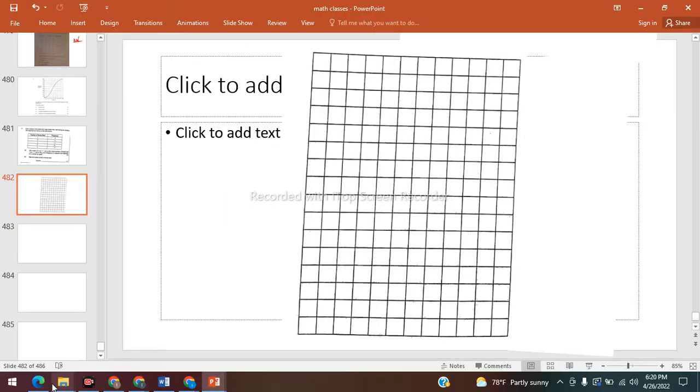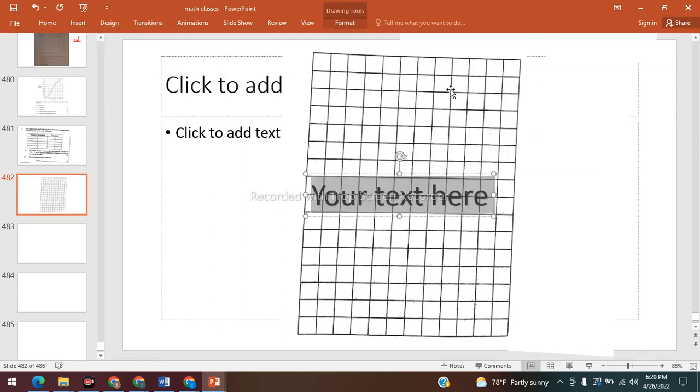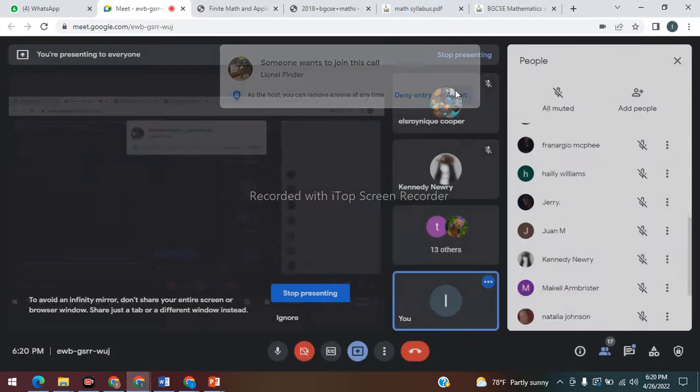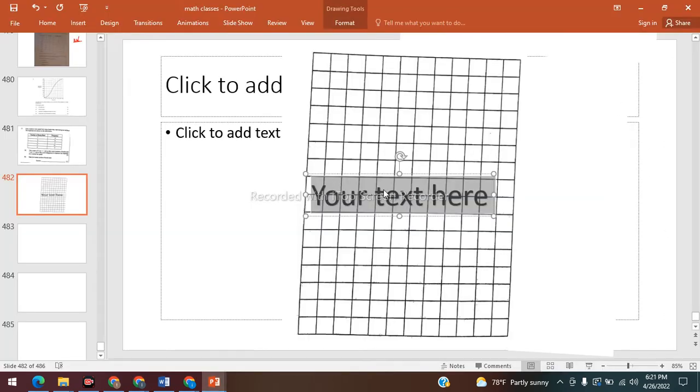So what I would do first is label my sides. Remember, on the y-axis we need to write frequency.